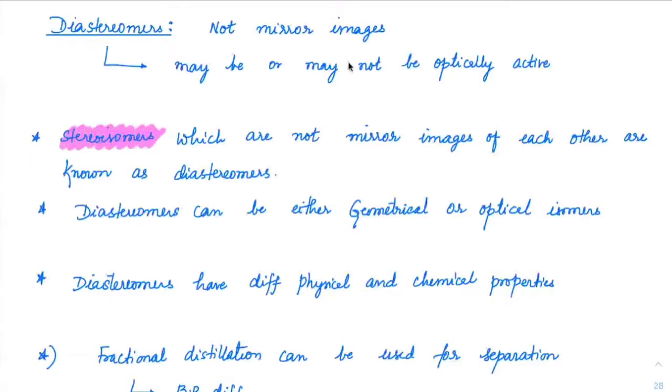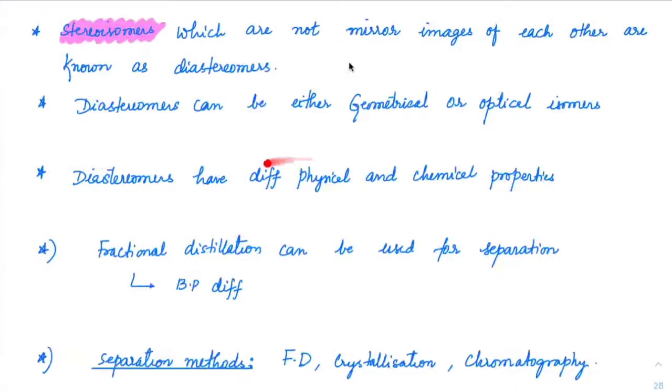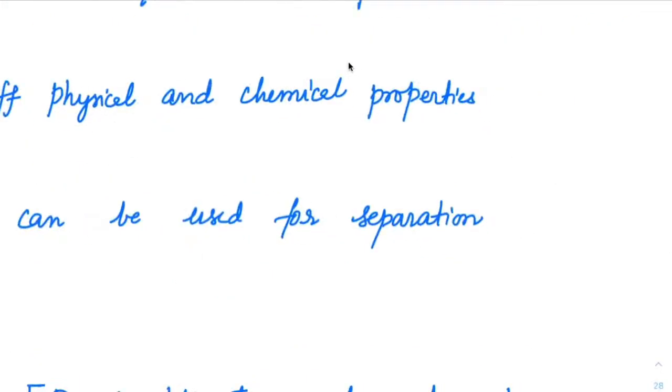Next, when it comes to diastereomers, they will have different physical and chemical properties. How can you justify that? Suppose we take a cis molecule here and compare that with a trans molecule. This is cis and that is trans.